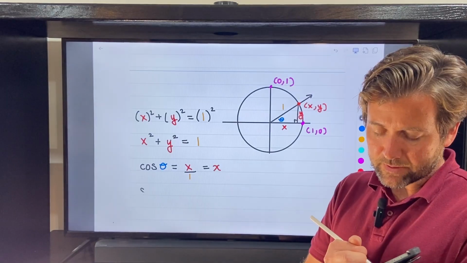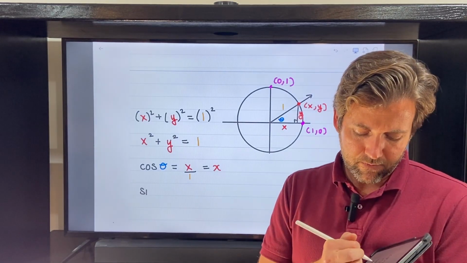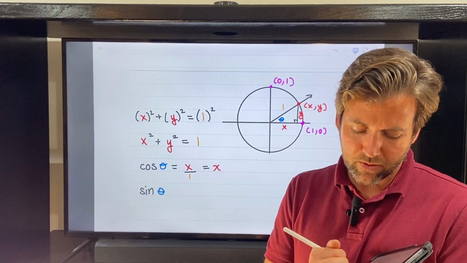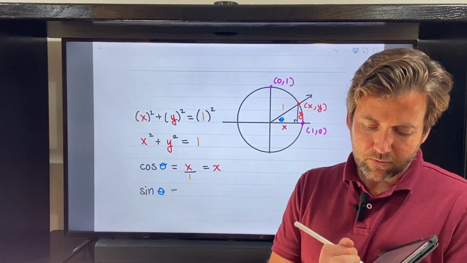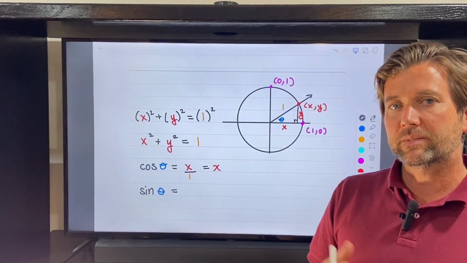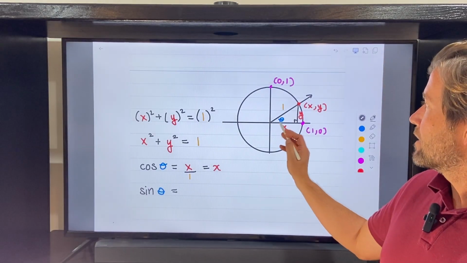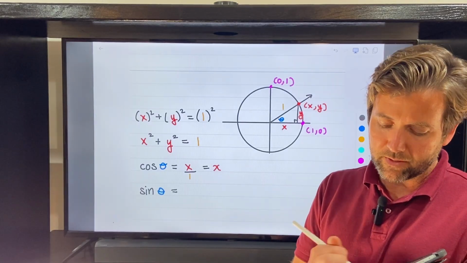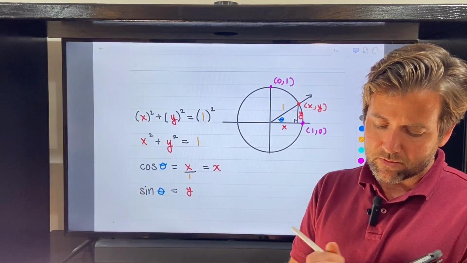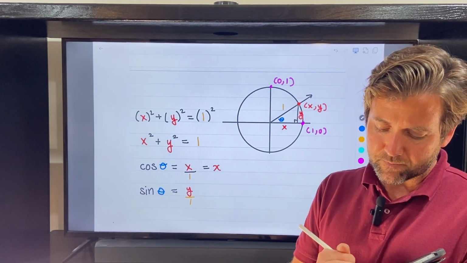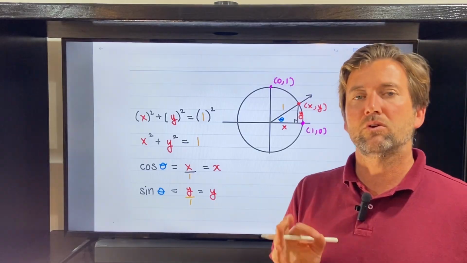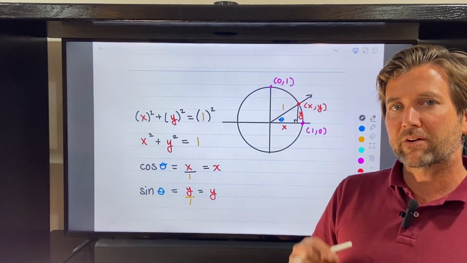Now if I evaluate the sine of theta, remembering SOHCAHTOA, the sine of an angle given a right triangle is the opposite side of the angle. That would be y divided by the hypotenuse of 1. So that's y divided by 1, and this equals y.